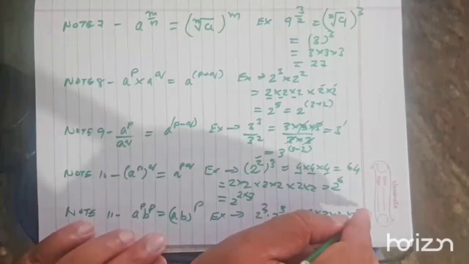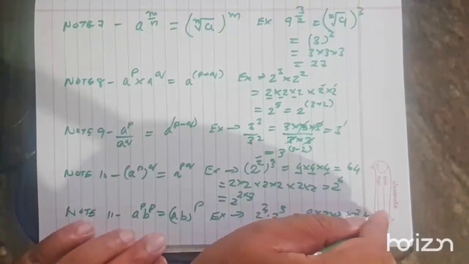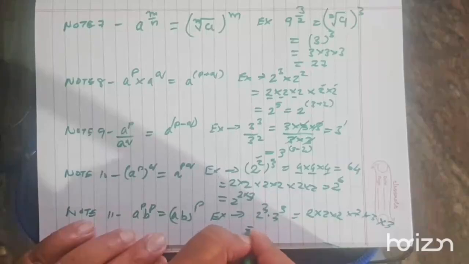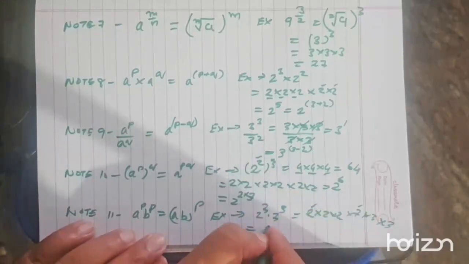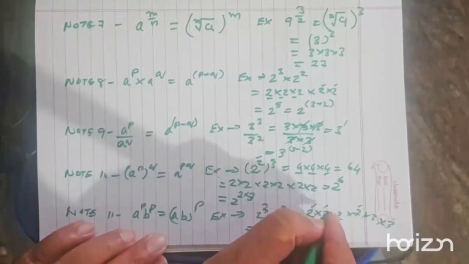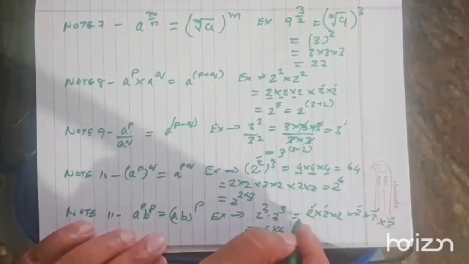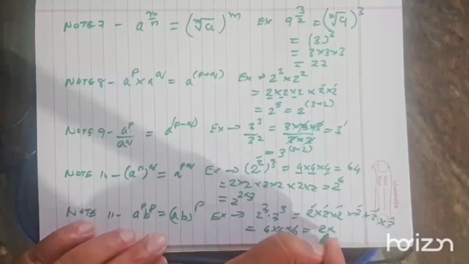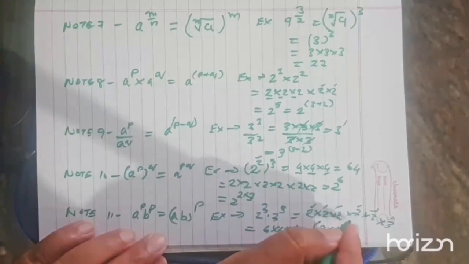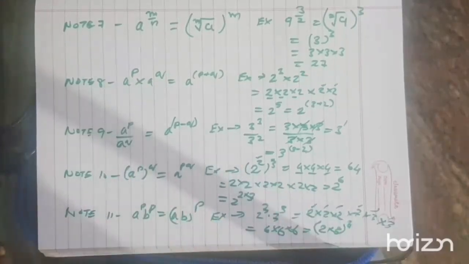Similarly, for 3 power 3 you have 3 3's, 3 into 3 into 3. You can take one 2 and one 3 and get a 6, another 2 and another 3 and get a 6, and another 3 and another 2 and get a 6. So that will give you (2 into 3) cube. Okay, because 6 is 2 into 3, so there are 3 6's.